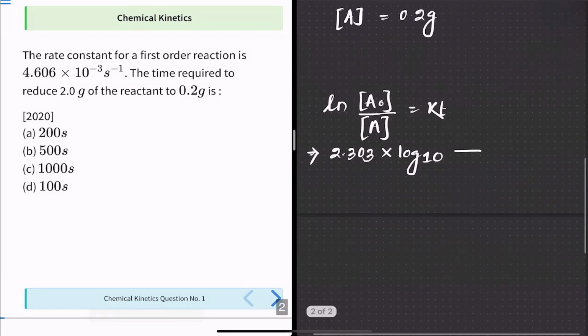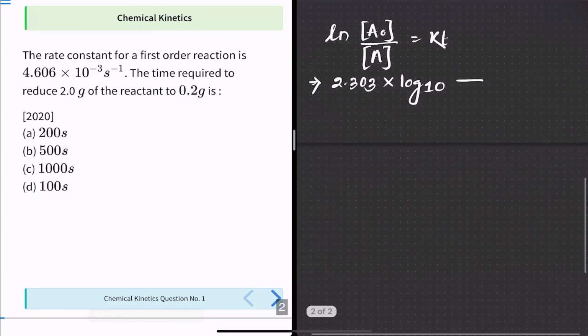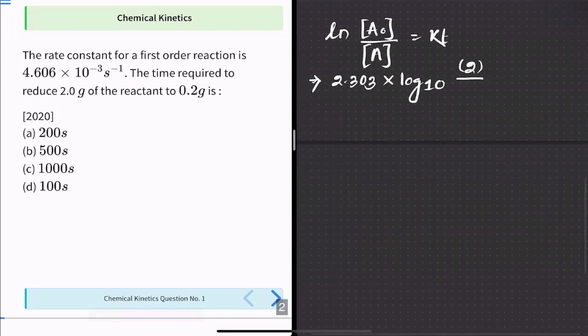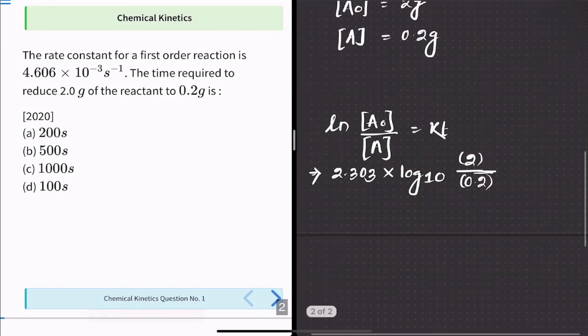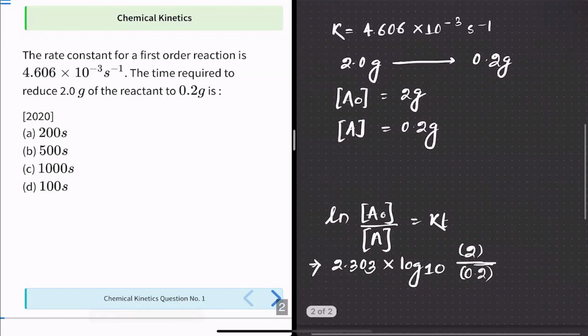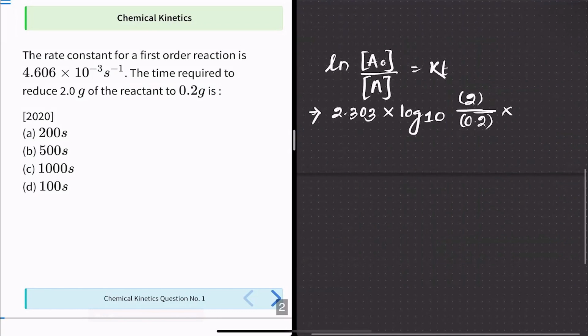Here A naught is 2 gram and A is 0.2. The rate constant K is given as 4.606 into 10 to the power minus 3. So 2.303 log 10 of 2 by 0.2 equals 4.606 into 10 to the power minus 3 into t.